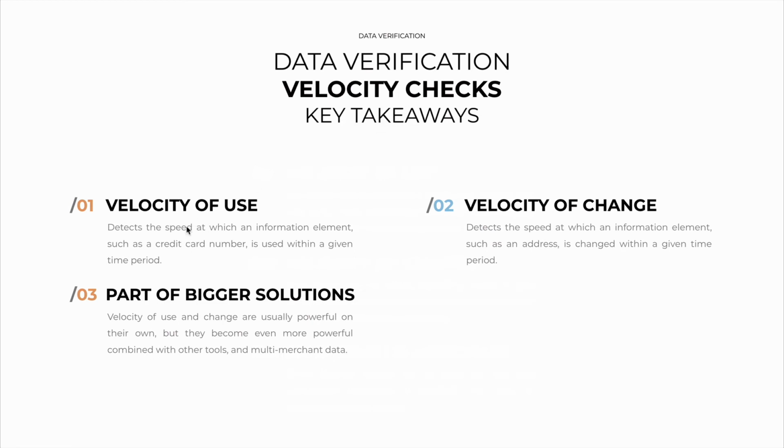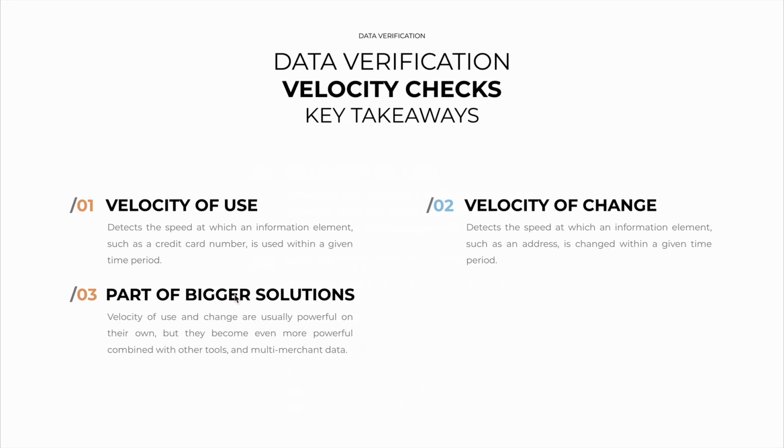The first is that velocity of use detects the speed at which an information element, such as a credit card number, is used within a given time period. The second is velocity of change. This detects the speed at which an information element, such as an address, is changed within a given time period.